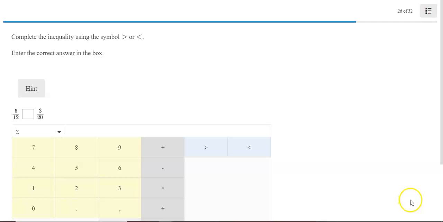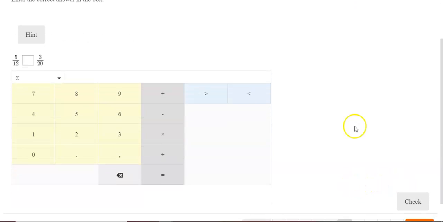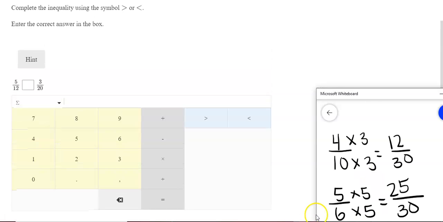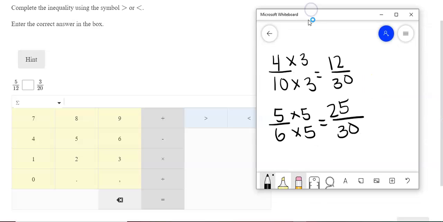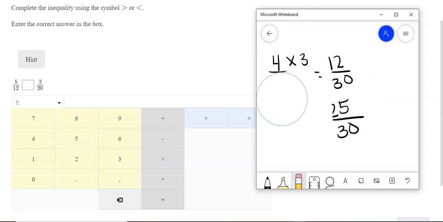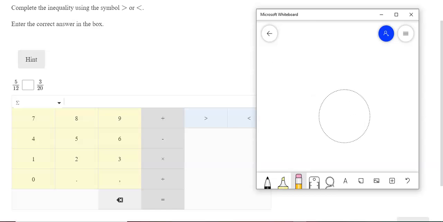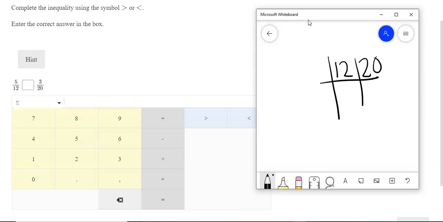Let's look at this one, 5/12 and 3/20. Let's find a common denominator. 12 and 20, I know 4 can go in there because 4 times 3 is 12 and 4 times 5 is 20.